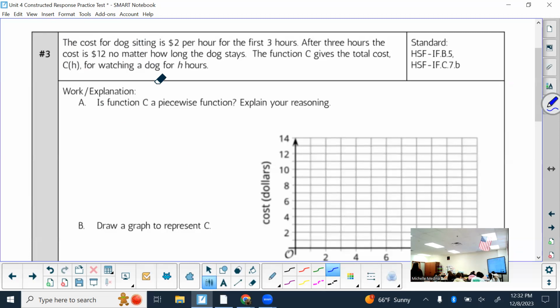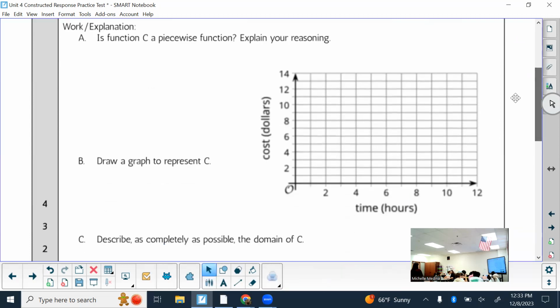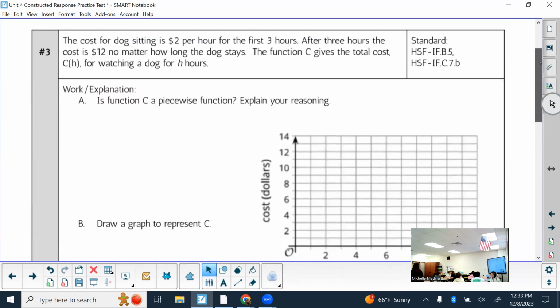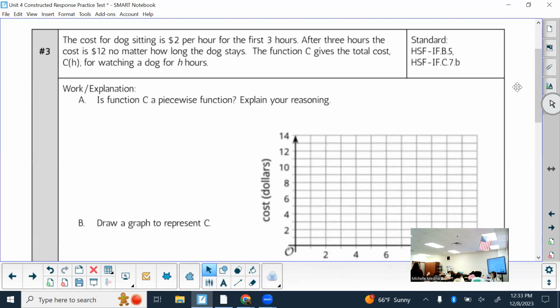What is domain referring to? All the what in a function? The x's. Domain is all the x's, right? So having this graph here kind of helps you figure out that time in hours is your input, your domain. Are there different rules essentially for different parts of the domain for different hours?